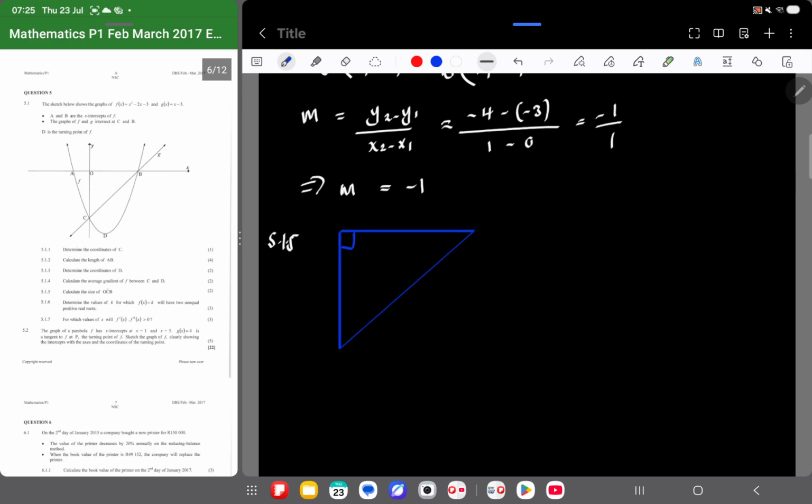We have a right triangle here, and we're supposed to calculate the size of angle OCB. This is my O, this is my C, and this is my B. We are looking for this angle. We have a 90 degrees there, and you can get the length of this line, and we can also get the length of this line or the length of this line. It's easier.